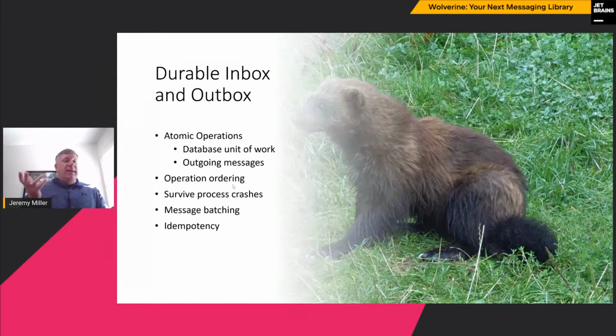Or maybe the external messaging infrastructure is temporarily unavailable. That's actually okay, as long as that operation succeeded and that outgoing message got to the database. Wolverine will keep trying until that thing is sent out. Even if the process itself fails, when you restart the process, or if it's able to fail, another process can steal that message back and send it on.